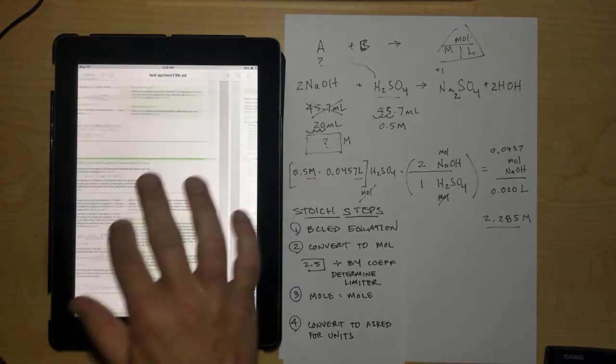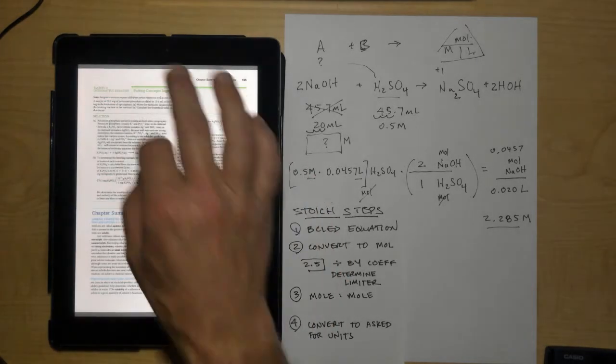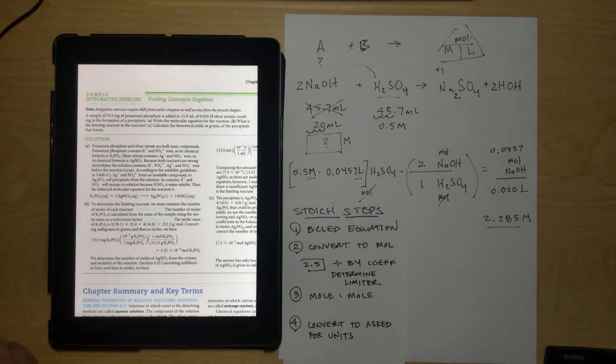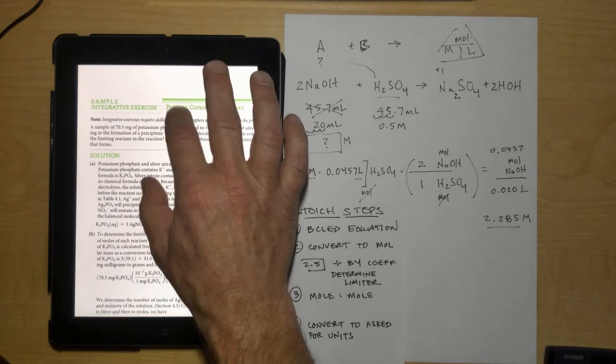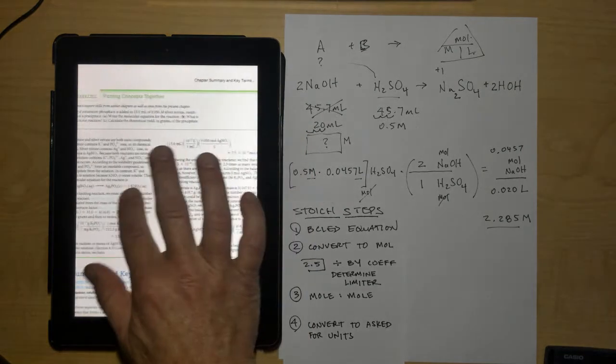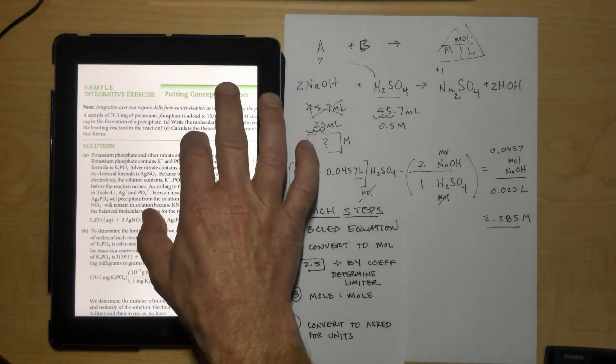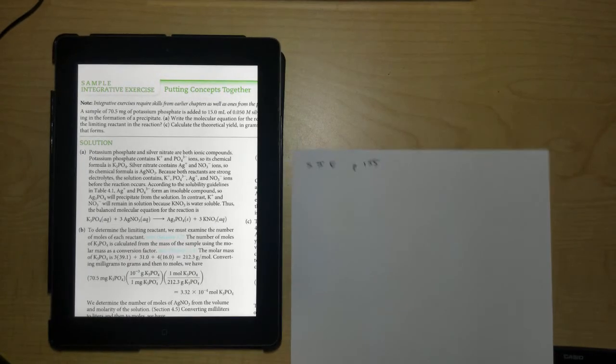Last thing today, and then I'll go back to talk about whatever anybody has more questions about afterwards. So this is on page number 155, and this is the sample integrative exercise, putting things together from past chapters, and of course it's going to put together limiting reactants.